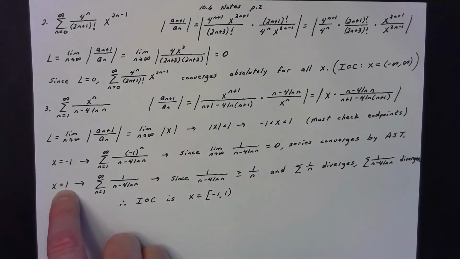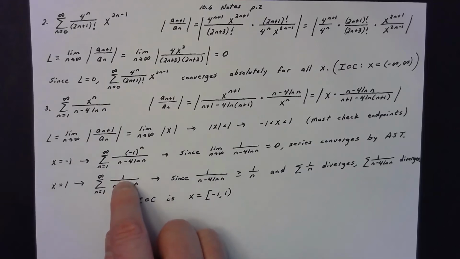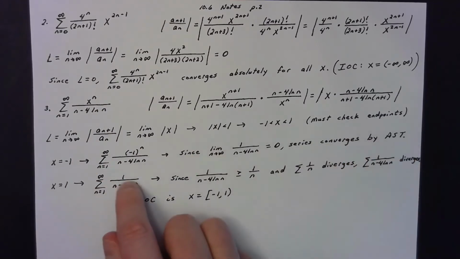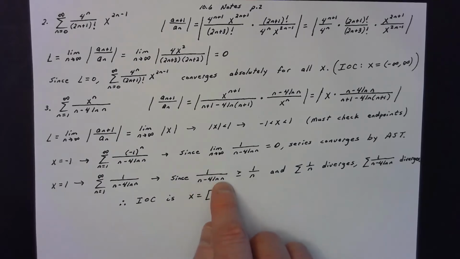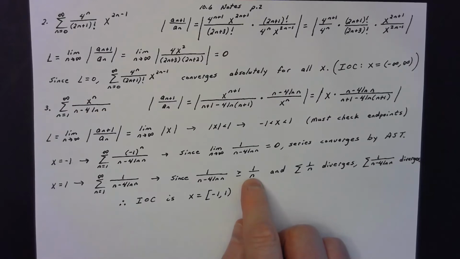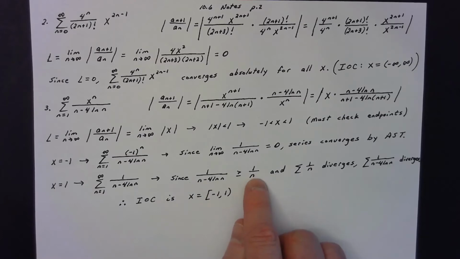When I think about 1, I'll plug 1 in for x. It doesn't matter what power 1 is raised to, 1 to the n is simply 1. So how do I know if that converges or diverges? Really easy, I can use the comparison test. Since that denominator is always less than the denominator here, because I'm subtracting 4 natural log of n, this fraction is always greater than or equal to the fraction 1 over n.